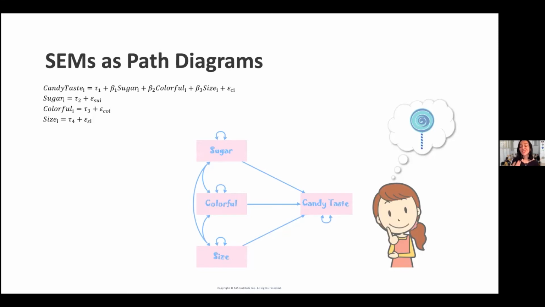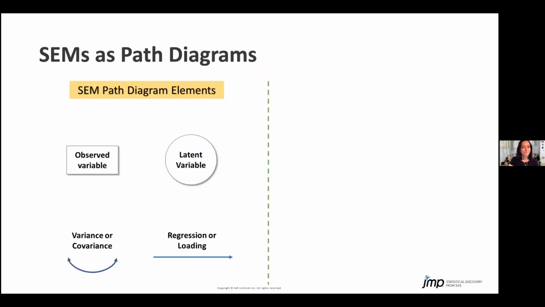And so it just goes to show that it is easier to convey our models and our results if we rely on path diagrams instead of the equations. Obviously, there's nothing wrong with the equations, but it's just a nice tool to have. And so what we're going to do is learn about what exactly all the elements of these diagrams represent so that we know how to interpret them.